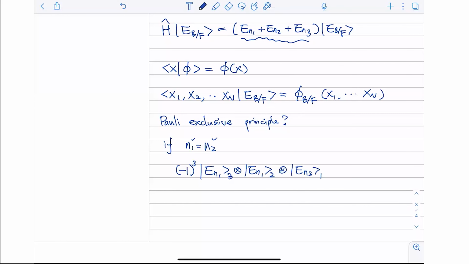Okay, this is one term, but because there's always another permutation that is related to this permutation by swapping these two, the corresponding p-bar number will be 2, because there's one time less for you to permute this permutation group. And n1 equal to n2.